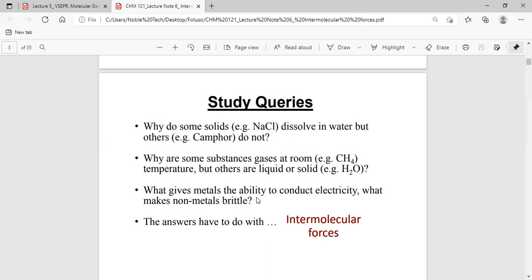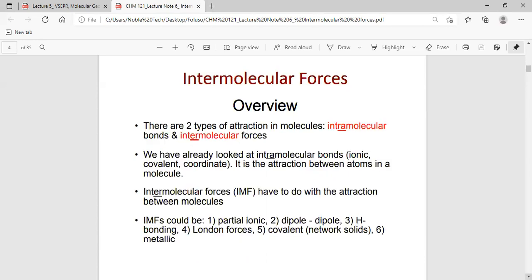What gives metals the ability to conduct electricity, and what makes non-metals brittle and unable to conduct electricity? All these answers are in intermolecular forces. These are between one molecule and another, or one ion and another.